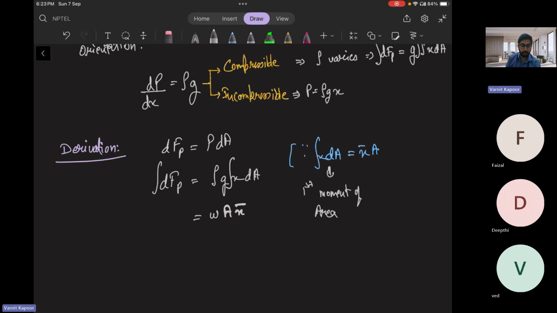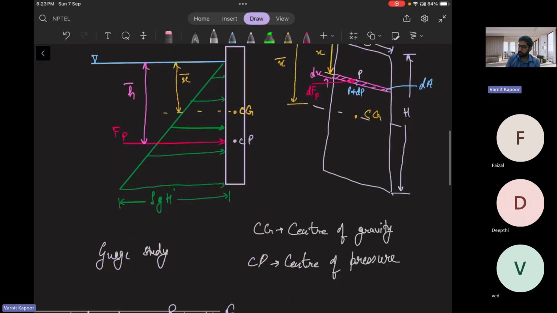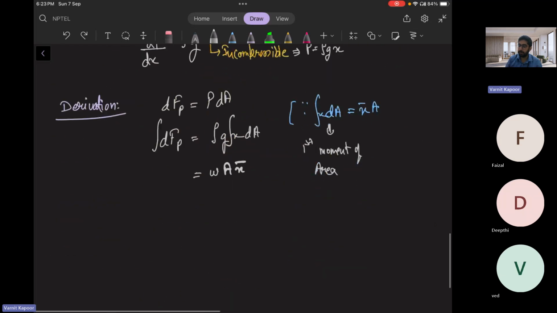So basically, what does it mean? For every elemental strip, there is a moment of area from the free surface, which is equivalent to the moment of area about the center of gravity. It can be written as x bar, that is the center of gravity distance from the free surface, into the area of that body, where x bar is the vertical depth of the center of gravity of the body from the free surface.